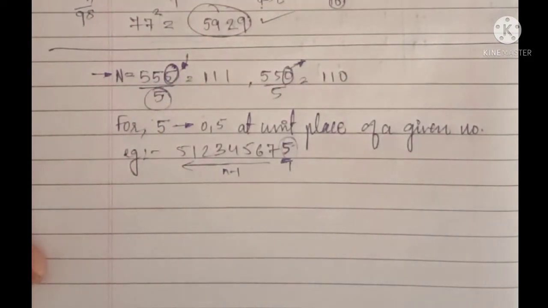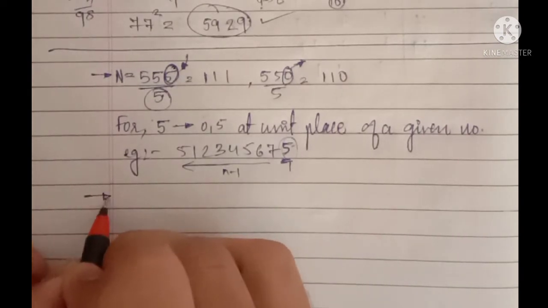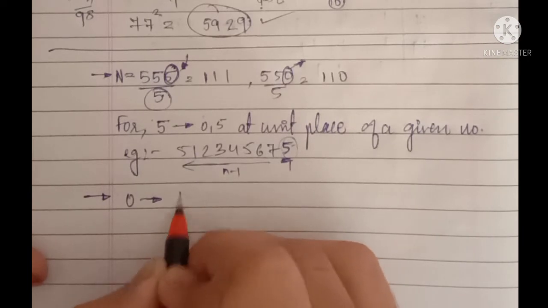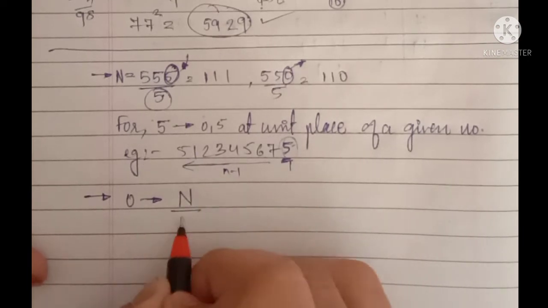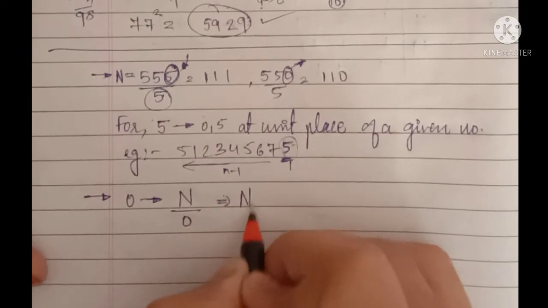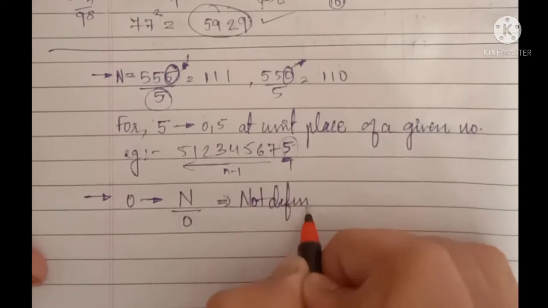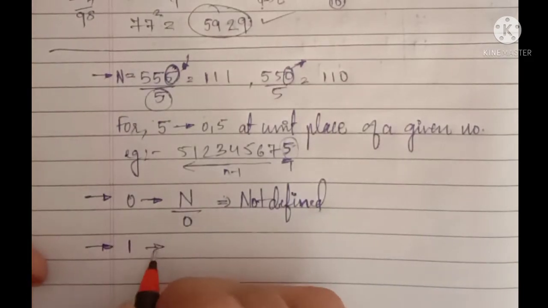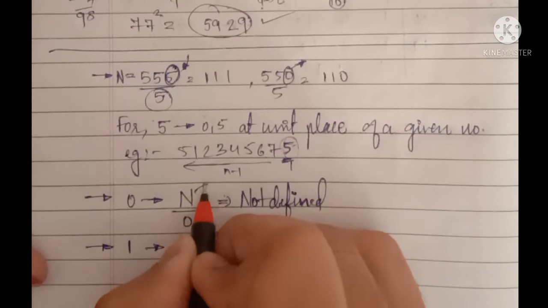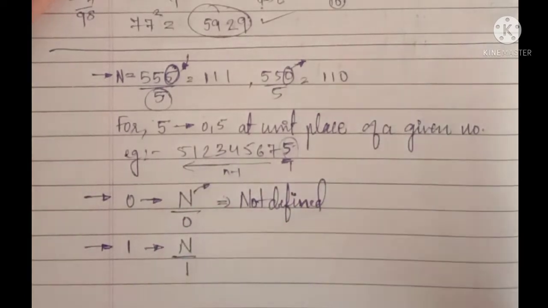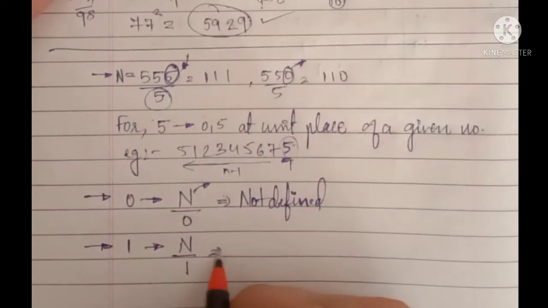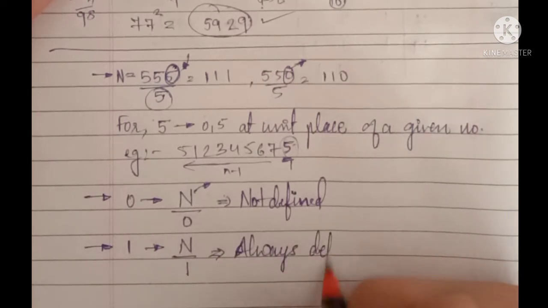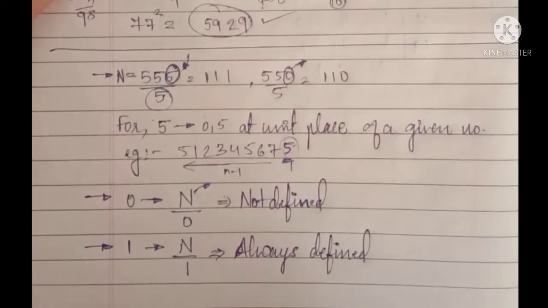Now we will check for the other numbers. For 0, division by 0 is not defined, any number divided by 0 is not defined. Similarly for 1, any number you take, 3 digit, 2 digit, 1 digit, is always divisible. Clear?